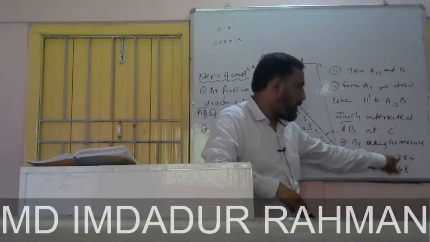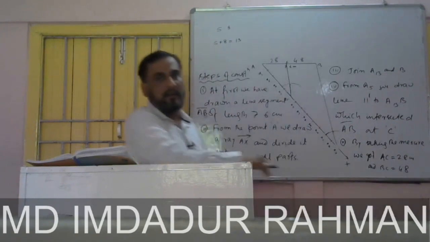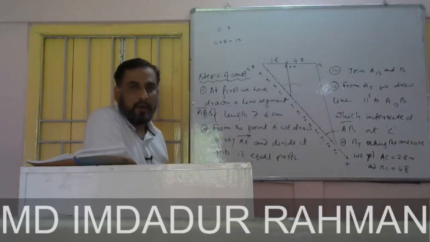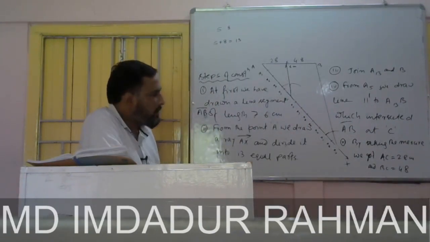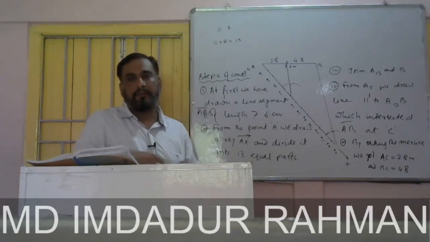You see 2.8 plus 4.8 is 7.6. That was your question number 1.